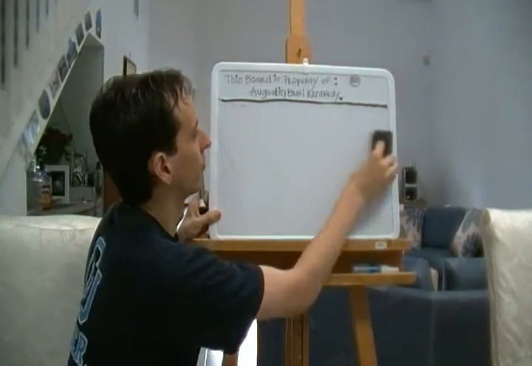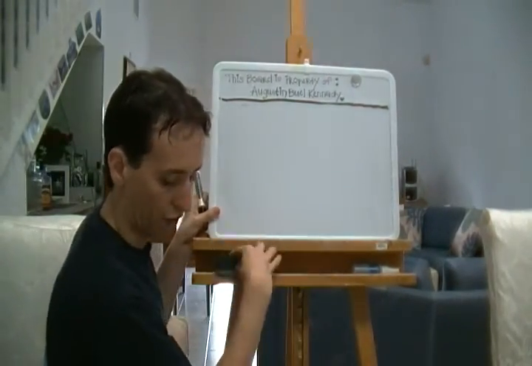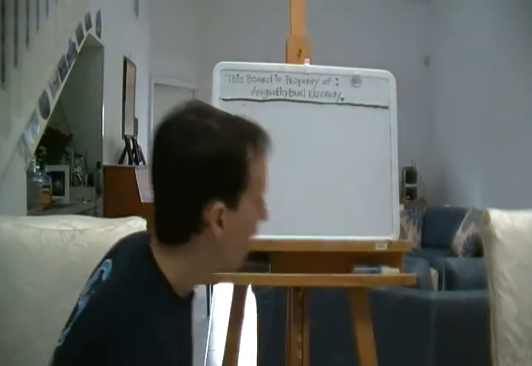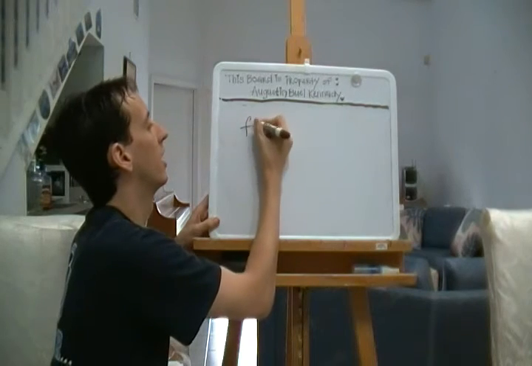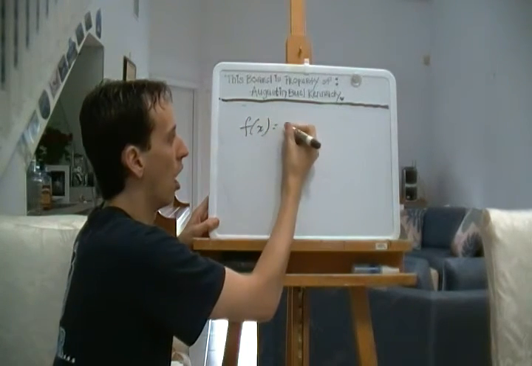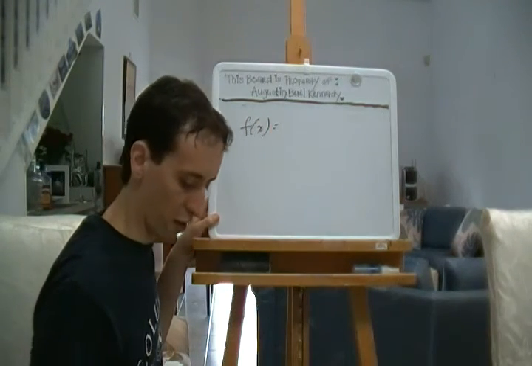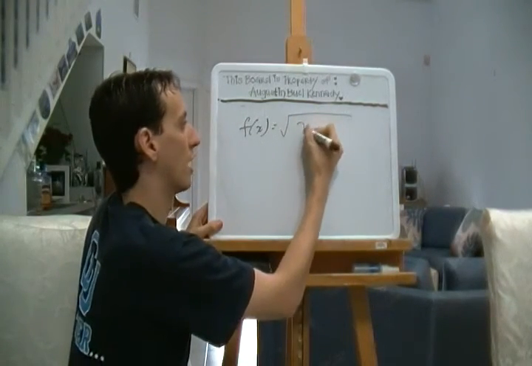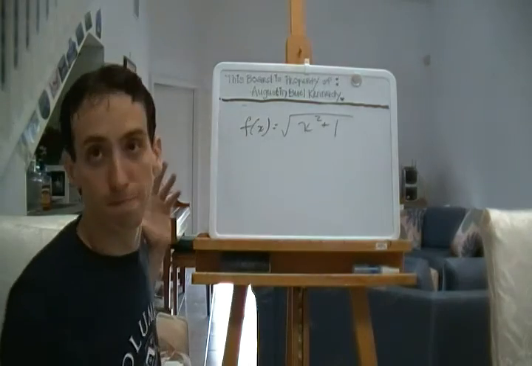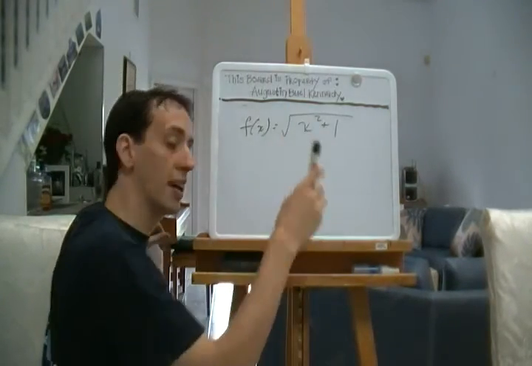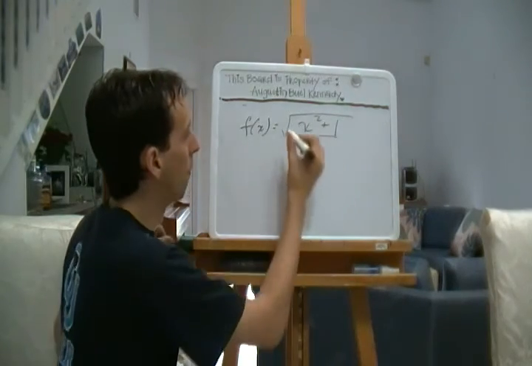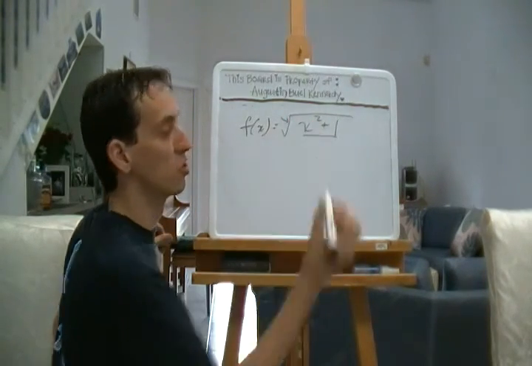Finally, well, not quite finally, but we're going to look at algebraic functions in this course. Algebraic functions are basically any combination thereof. The book gives a couple of good algebraic functions, so here's one of them: the square root of x squared plus 1. It's a mix of a polynomial, we've got the polynomial part right here, but it's a root function as well.